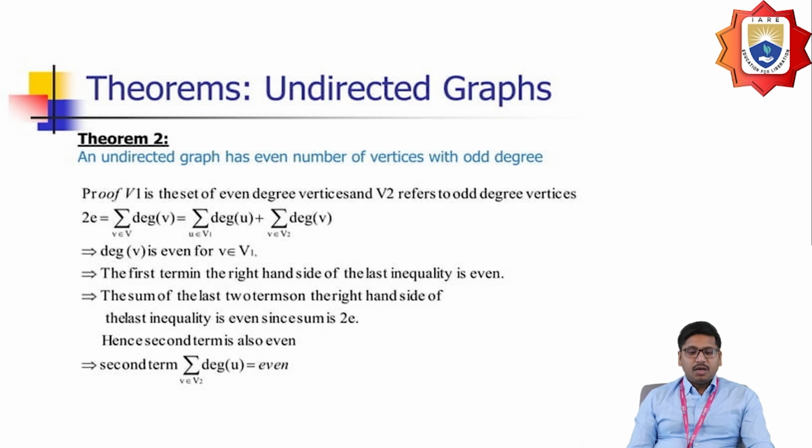Let V1 be the set of even degree vertices and V2 the set of odd degree vertices. So 2E is equal to this one, and finally the sum of degree of v is equal to degree of u plus degree of v.